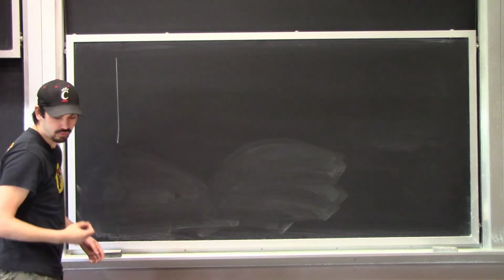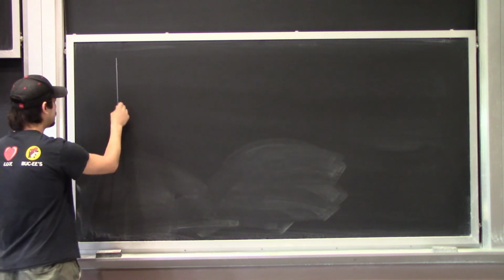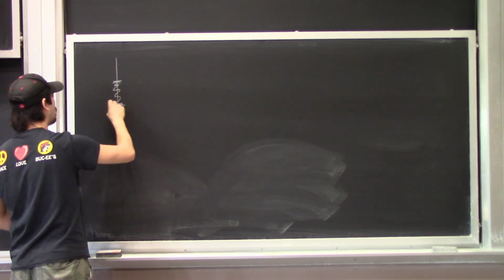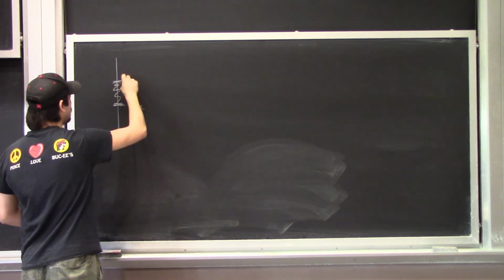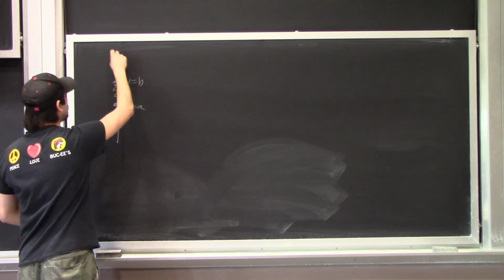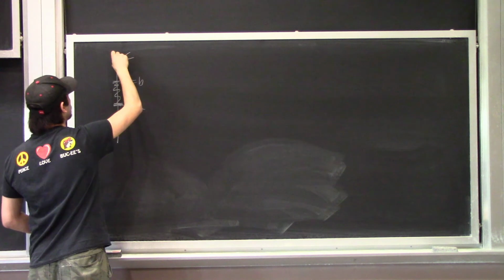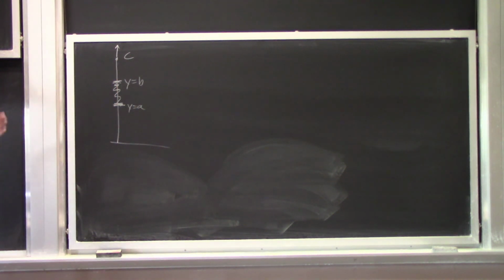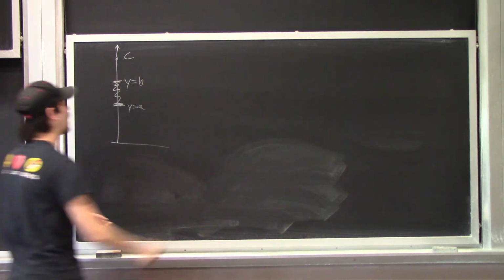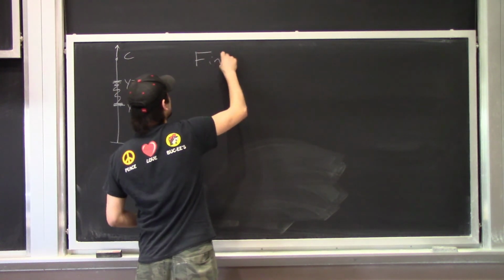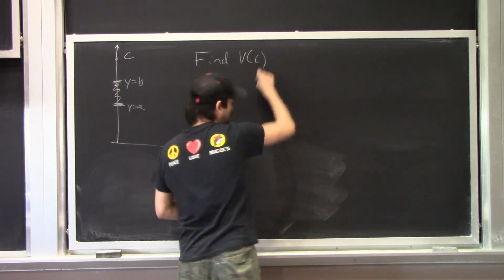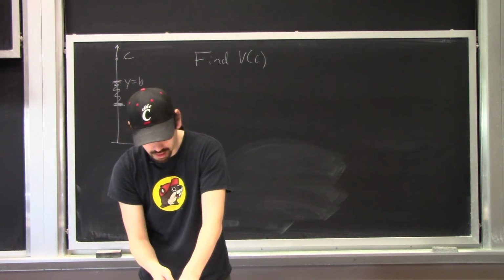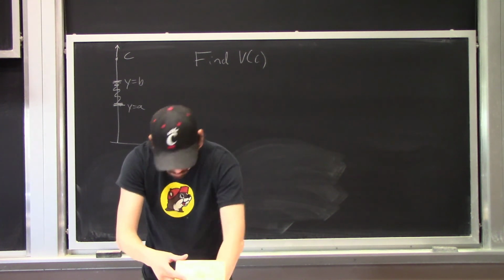So the problem was you have some charge that's spread from some point y equals A to y equals B, and there's some point C up here. And you want to find what the electric potential is at C. So find V of C.